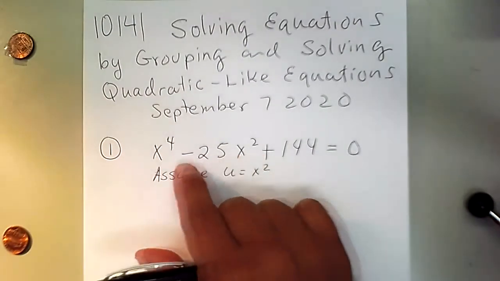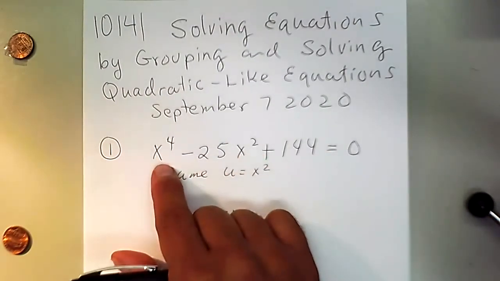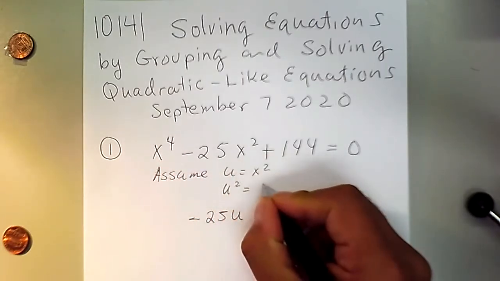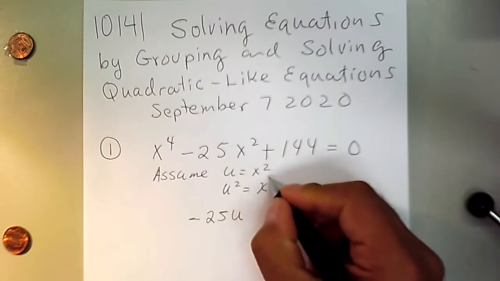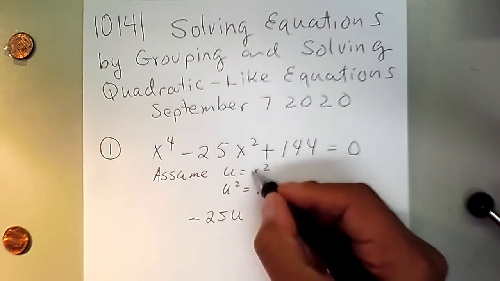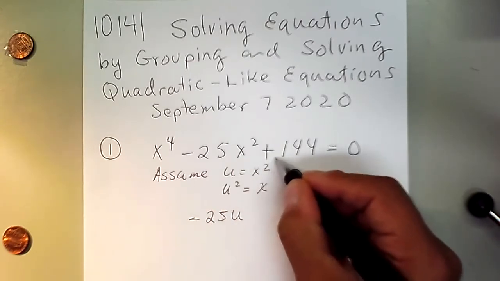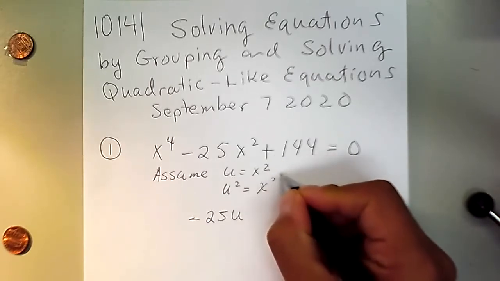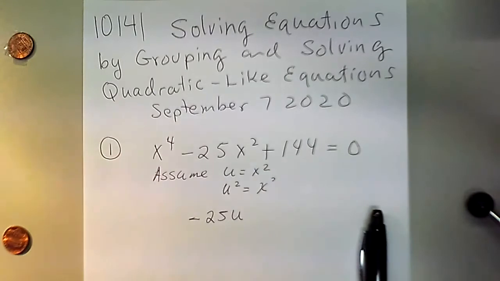And then as a consequence of that, u squared would be x to the, well, let's see, we're going to square this guy. And remember, squaring means that we're going to multiply the exponents. So this is going to be, I was going to put 3, but of course that would be wrong. It has to be 4.